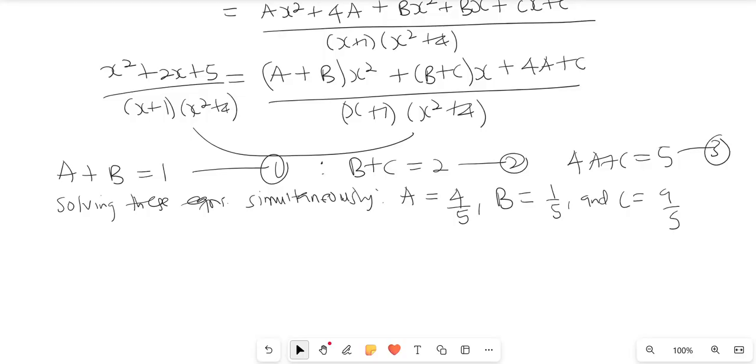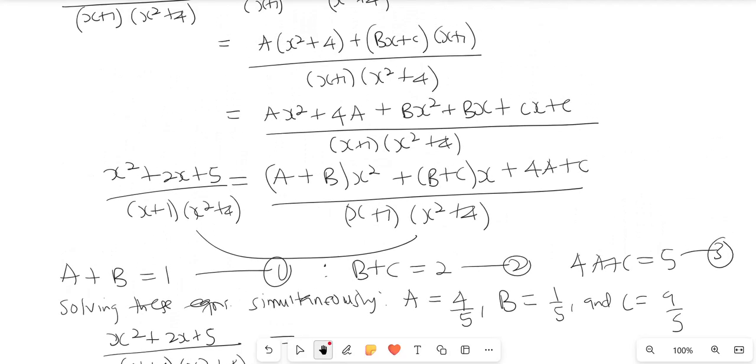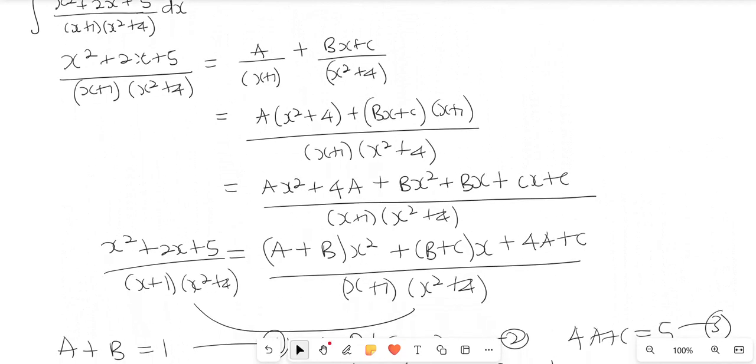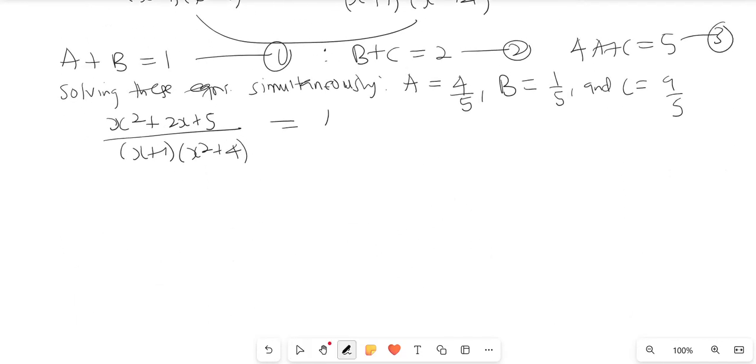So we can plug that back into our equation. The equation we are required to integrate, x squared plus 2x plus 5, all divided by x plus 1 times x squared plus 4, can be written as a over x plus 1 plus bx plus c all over x squared plus 4.